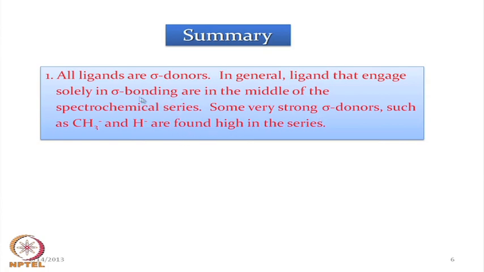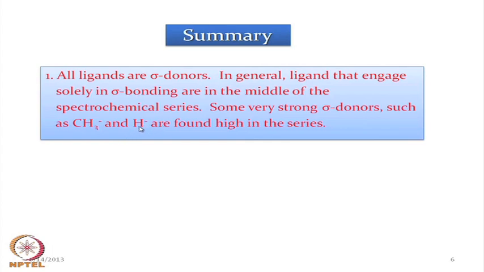There are also some other special type sigma donors which are very strong, such as CH3 minus and H minus, the hydride ion. The hydride ion and the methide ion are found to be high in the series. They are pretty strong, but they do not have any pi bonding interaction with the metal center.